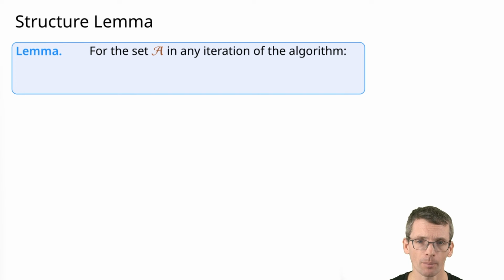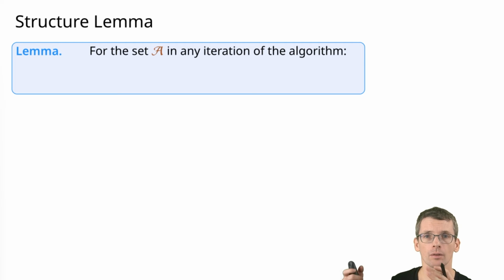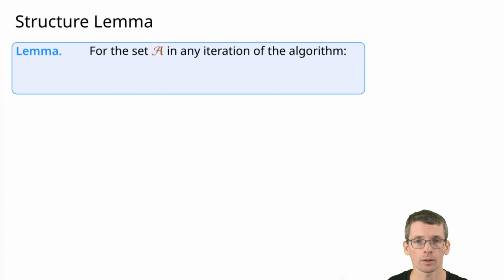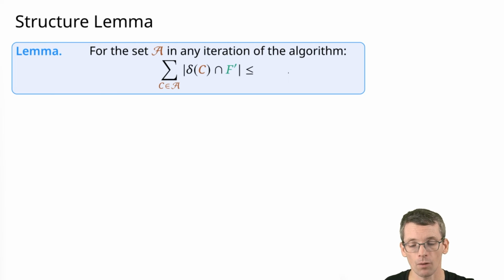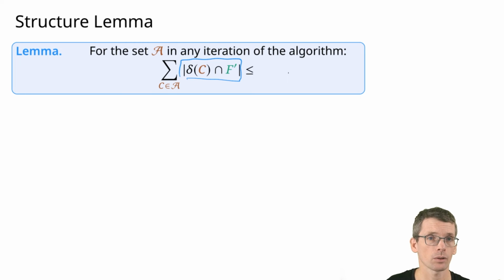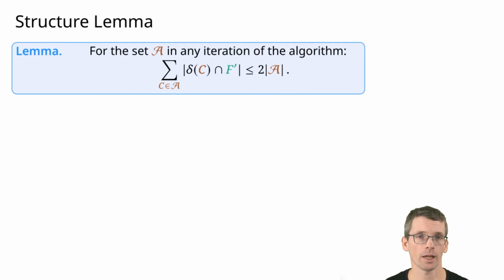If I look at my active sets, so that is the set of all of the components which, for some i, only contain Si or Ti, and then sum over all of those components the number of cut edges that are also in the final tree, I can bound this by 2 times the size of the active set. And this 2 will be important.